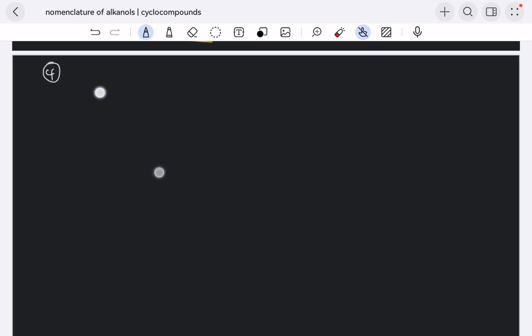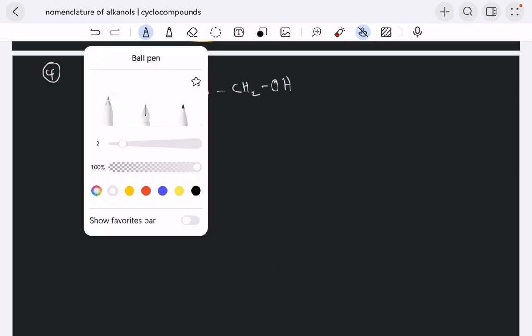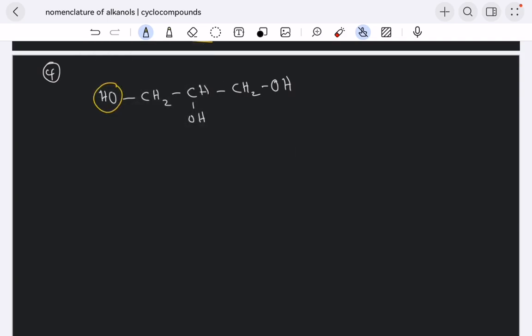Let's say we have HO, CH2, OH, CH2, OH or something like this. So here we have 3 of these now. There's this one, there's that one, there's this one. So how do we name this particular compound?